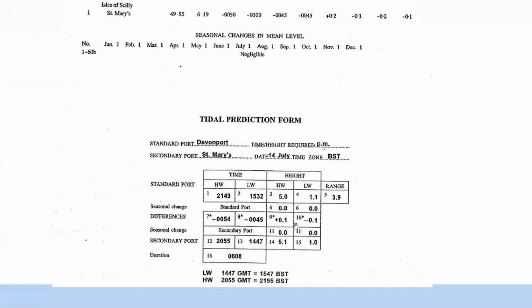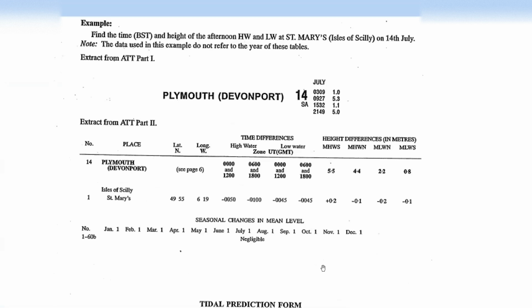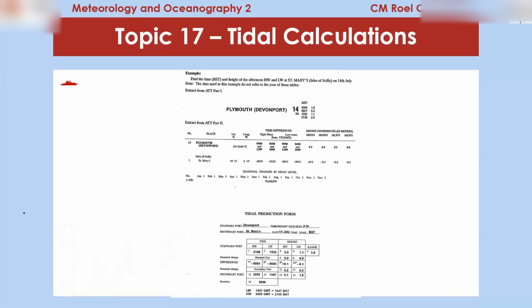Okay, so, ganun din sa height, we need to interpolate. But for interpolation, I will show you. Okay, so first we need to interpolate for the time. And, palakihin ko muna kaya.